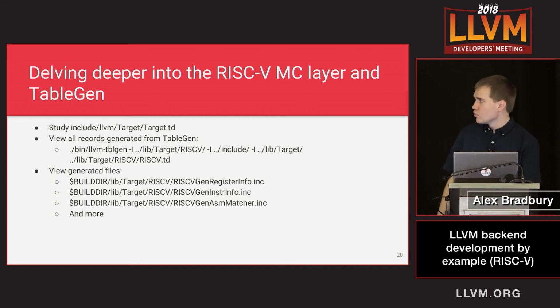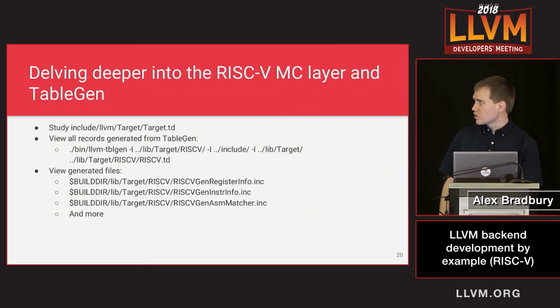You can also run this command line in order to have TableGen spit out every record that was produced by your input, which can be useful as a sanity check and for seeing what's going on. It's particularly useful given that sometimes TableGen will infer some properties, so it's quite handy to double check that it's inferring what you think it should be inferring.